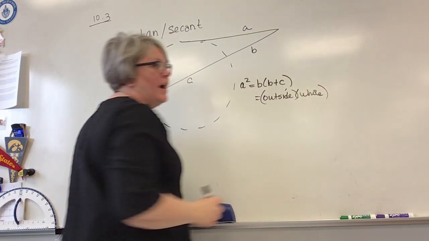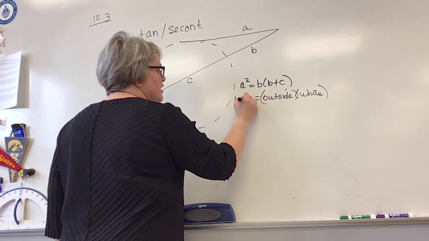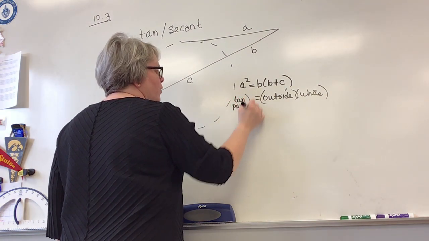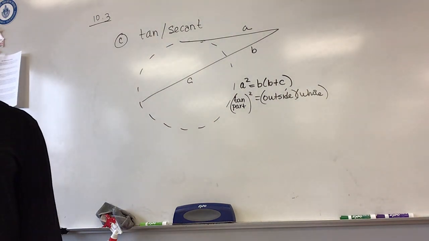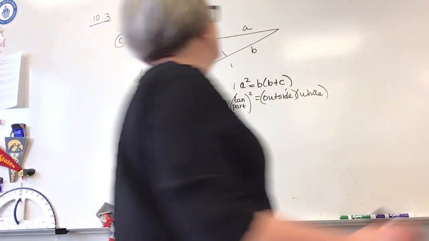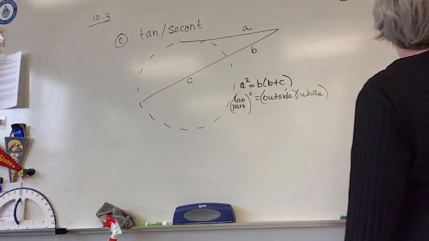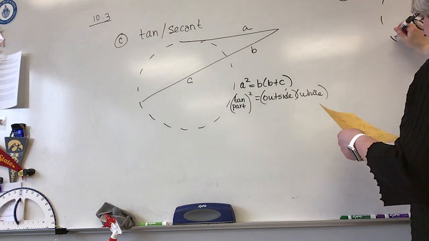We're familiar with that because it's a secant. But the new part is the tangent part, and what you do is you square that one. Tangent part squared. So let's do a couple and see. Tangent secant.